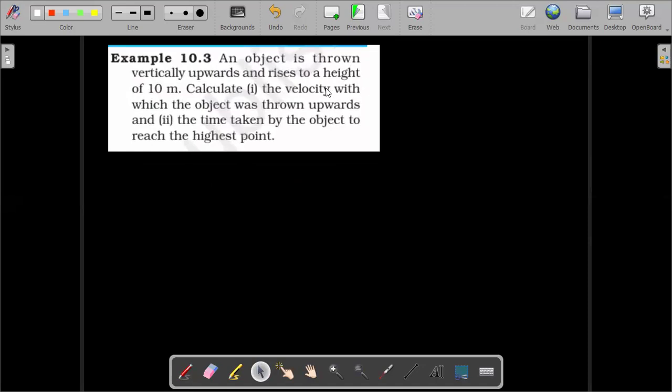An object is thrown vertically upward and rises to a height of 10 meters. Calculate the velocity with which the object was thrown upward and the time taken by the object to reach the highest point.